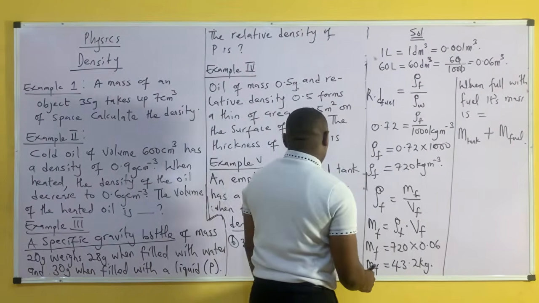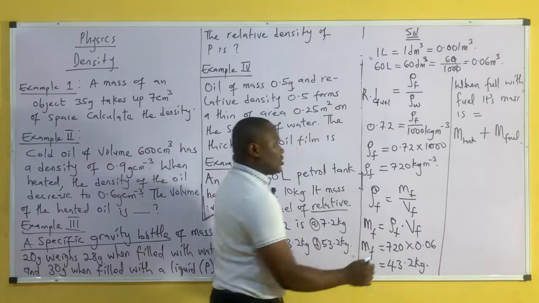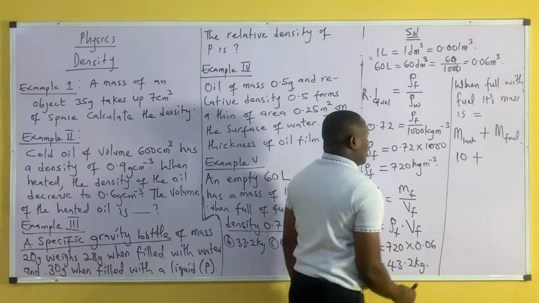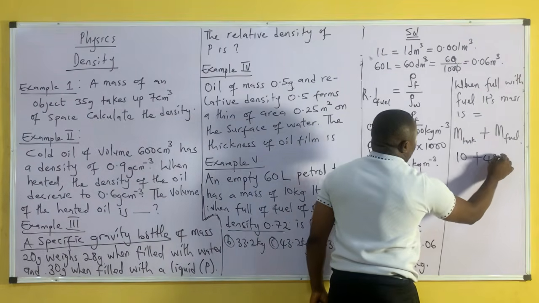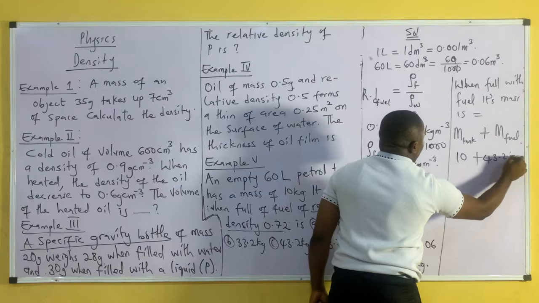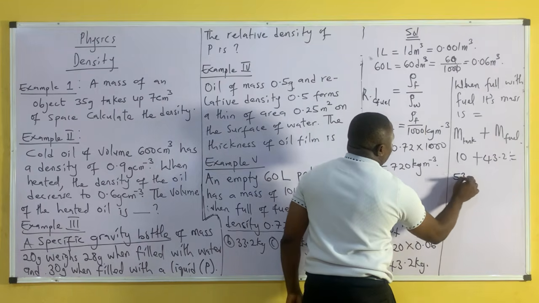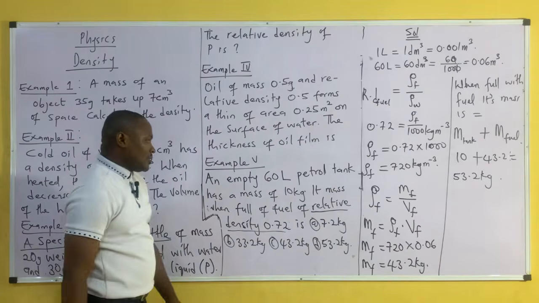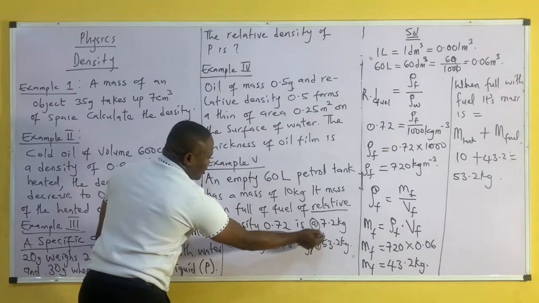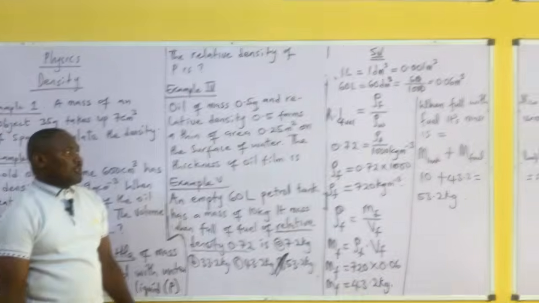What is the mass of tank when empty? 10 kilograms. So it becomes 10 plus, what is the mass of fuel? 43.2. So therefore, the answer becomes 53.2 kilograms. So the answer to this question is 53.2 kilograms. That's the correct answer. Thank you.